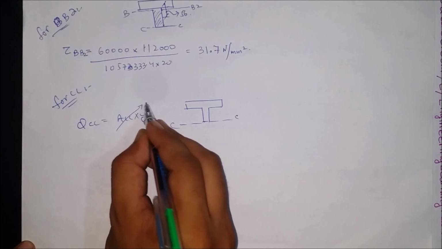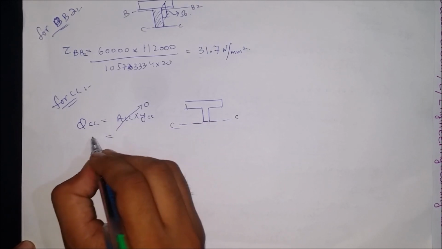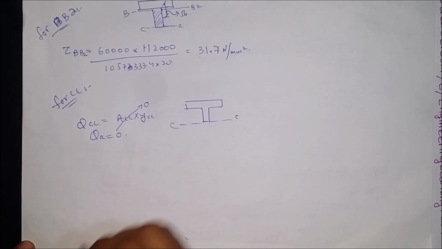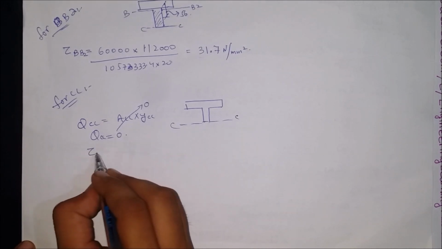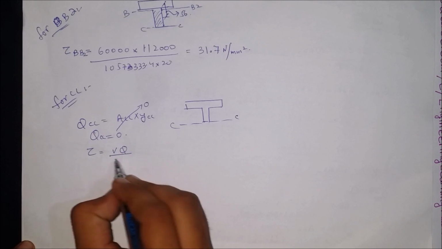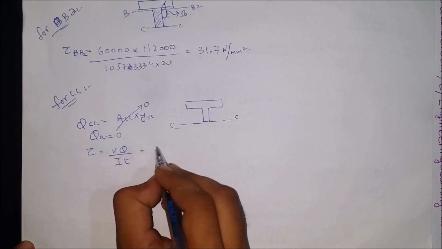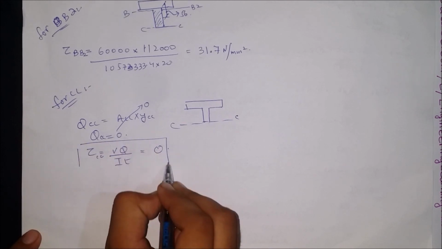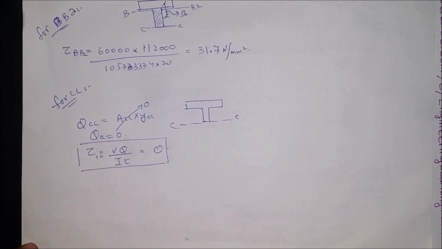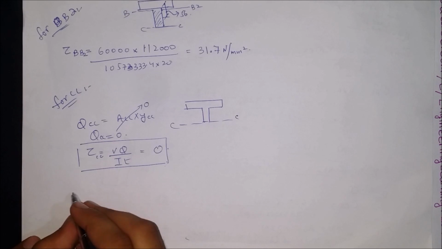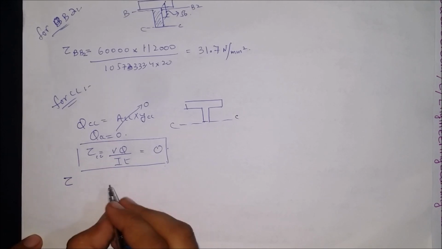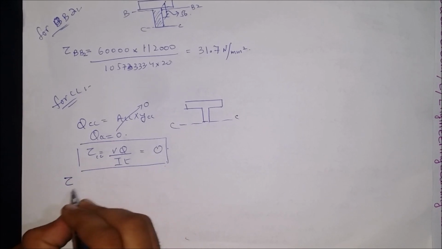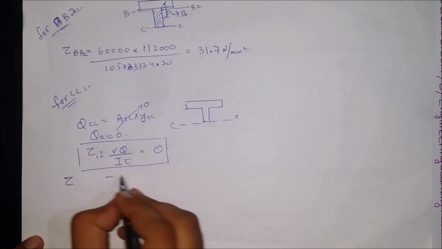The area CC is 0, hence QCC is equal to 0. And if we substitute the value in VQ over IT, the whole value comes out to be 0. Hence tau CC is 0. Now make a table of values, that is tau and the fiber.